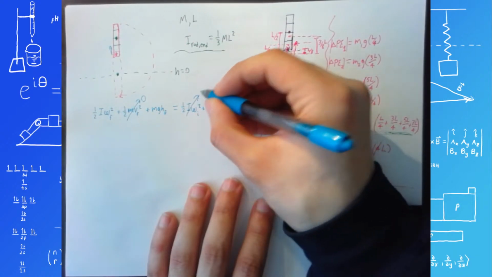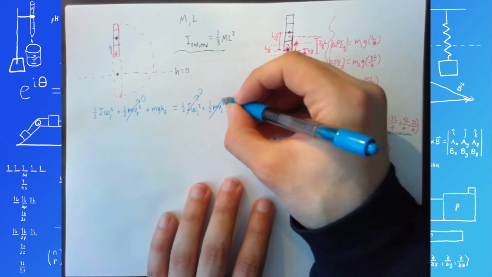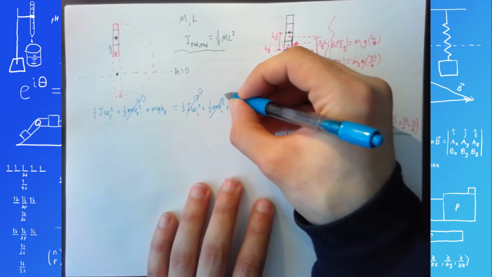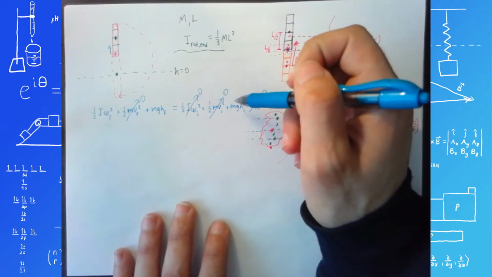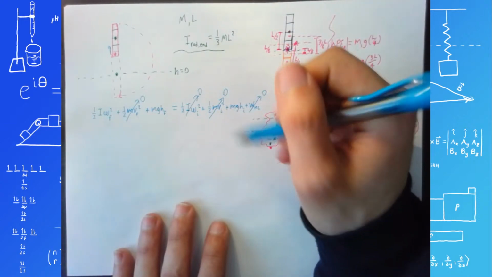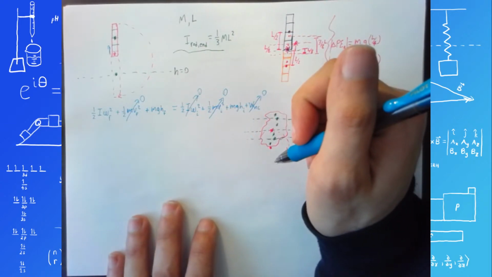So the system started at rest, so this was 0. There's no translational kinetic energy to take into account here since the axis of rotation isn't moving, but also it started from rest anyway, so it's 0 either way you look at it.